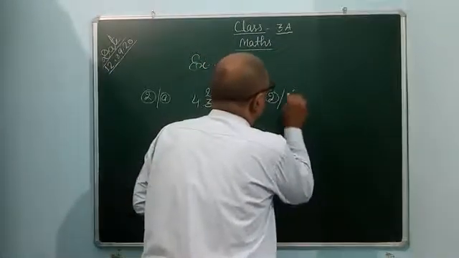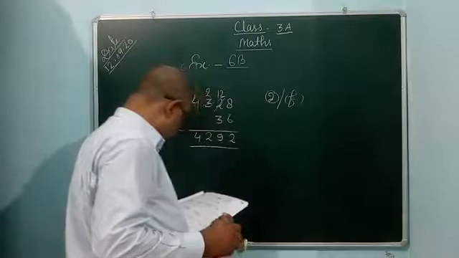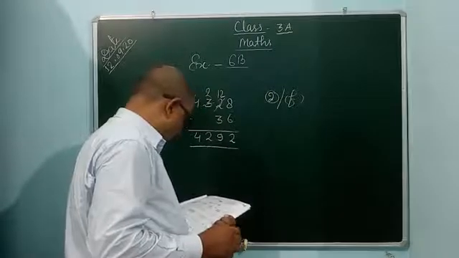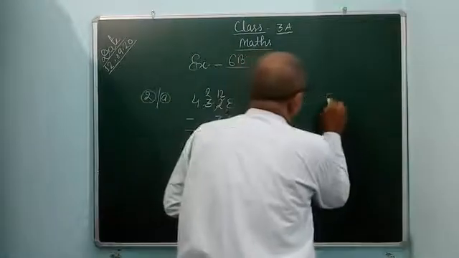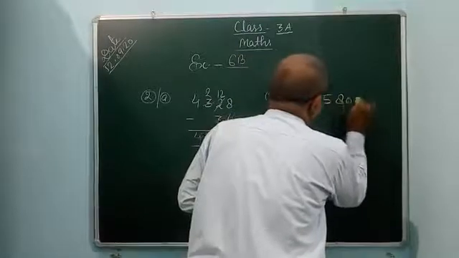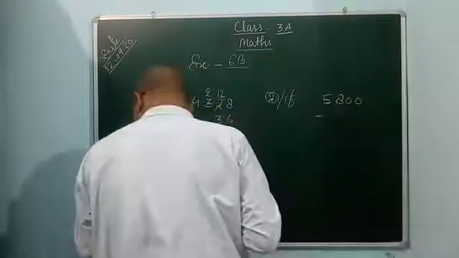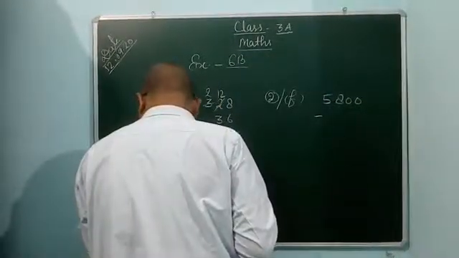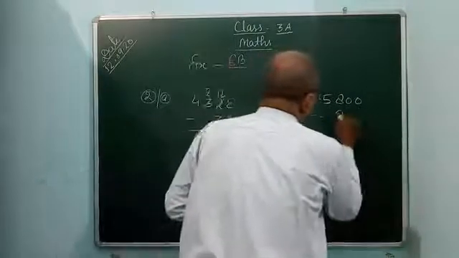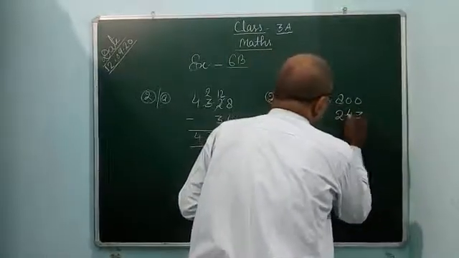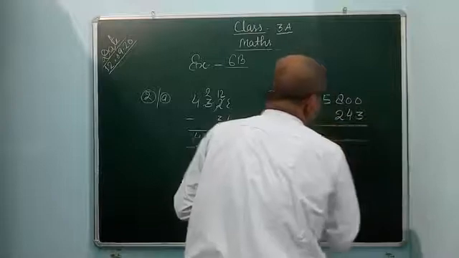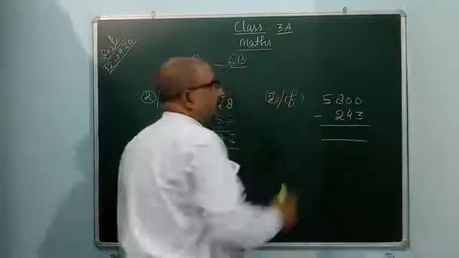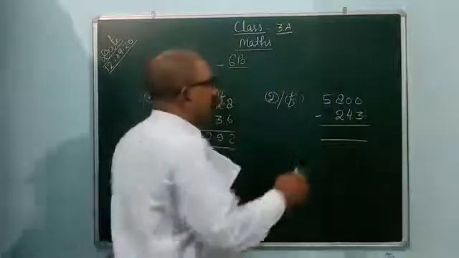2F. 5,800 minus 243. 0 minus 3 cannot be subtracted, so 0 will take borrow.